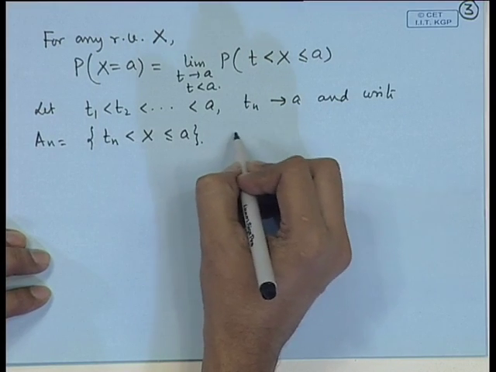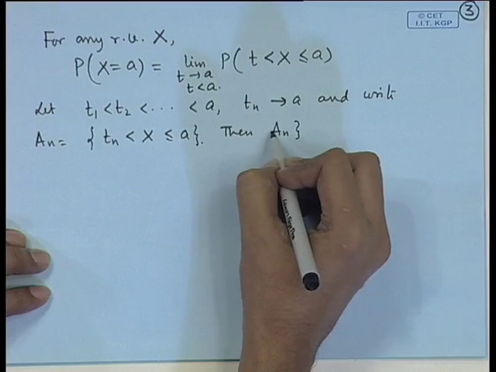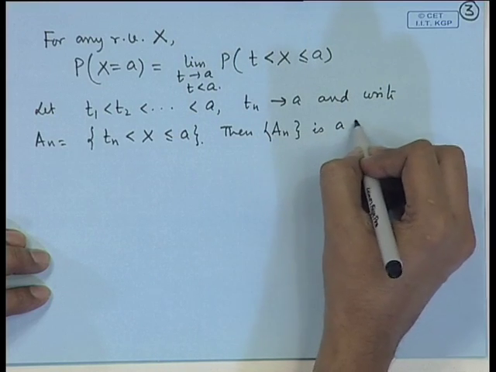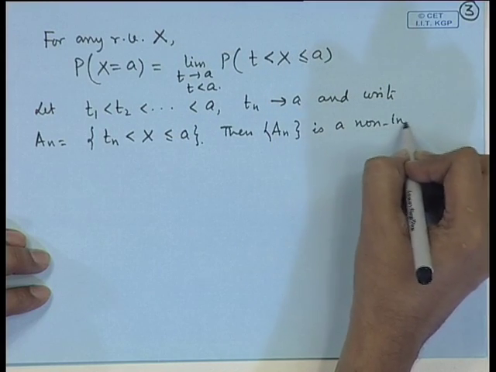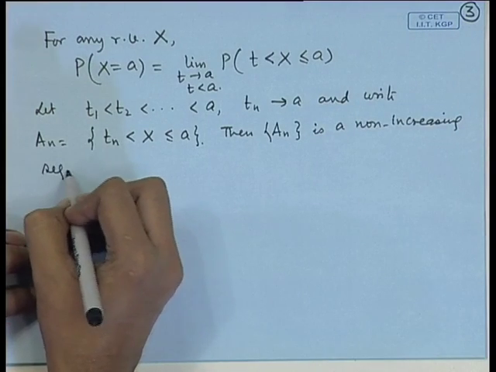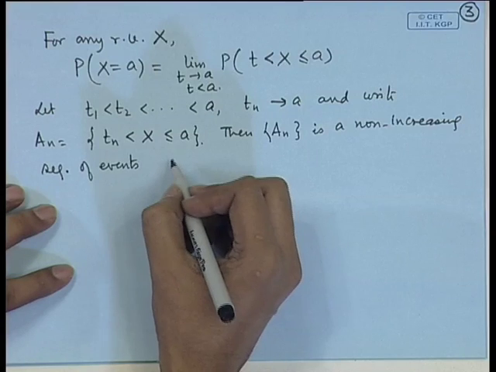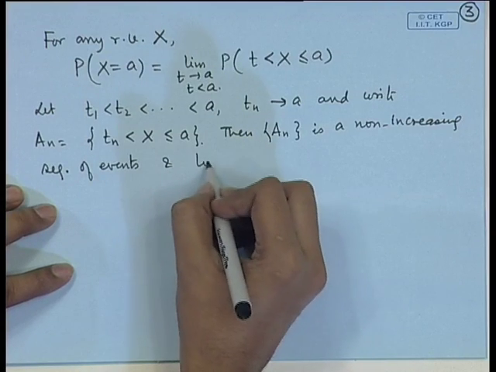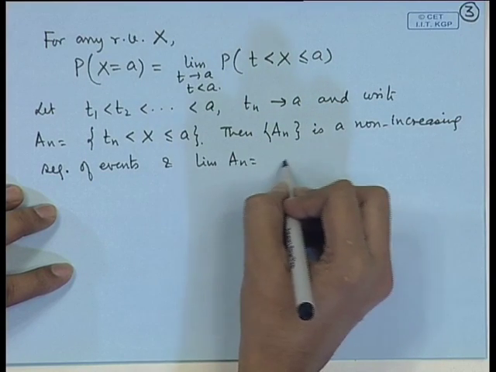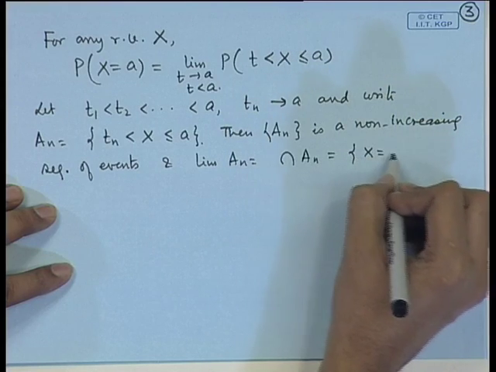Then this is non-increasing, and the limit of A_n will be equal to the intersection of A_n, which is basically equal to X equal to a.